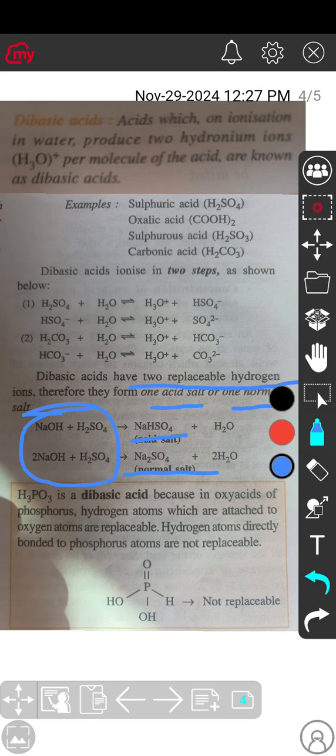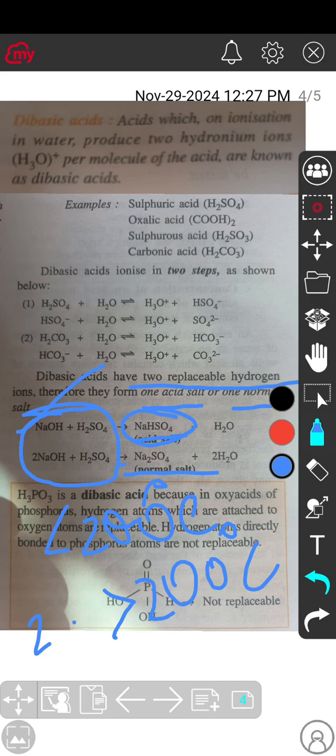Later in the chapter on sulfuric acid, you will learn about this in detail, but now I'm telling you in short. In the first equation, when the temperature is below 200 degrees Celsius, it forms NaHSO4. In the second equation, when the temperature is above 200 degrees Celsius, it forms Na2SO4.